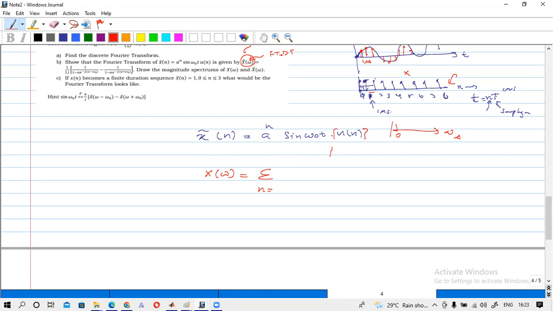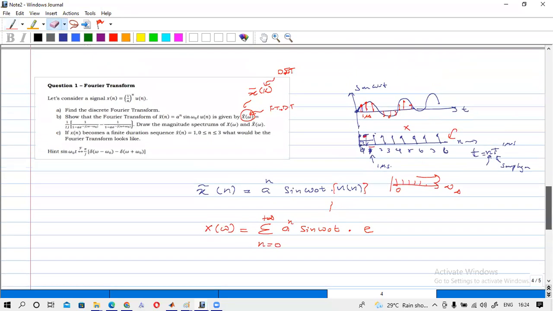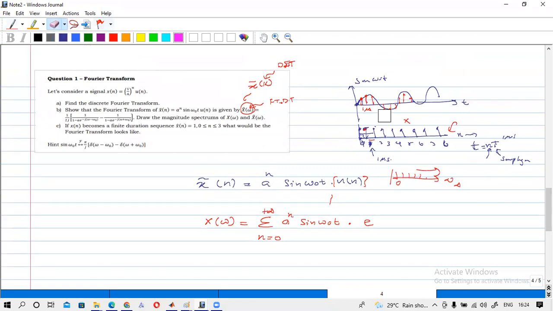So we have only this sided value, a causal signal, so 0 to plus infinity. We have this a^n sine omega naught t, and we have e to the power minus j omega. I think you can put n here, no issue, because if you multiply it by this n, you get the time point.